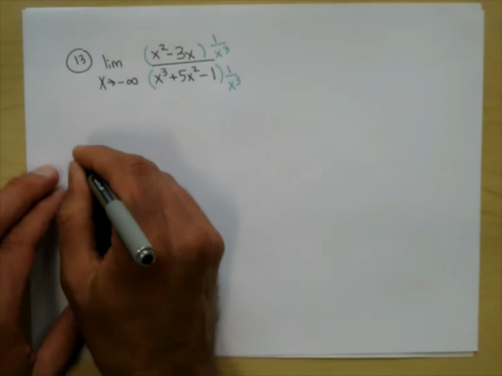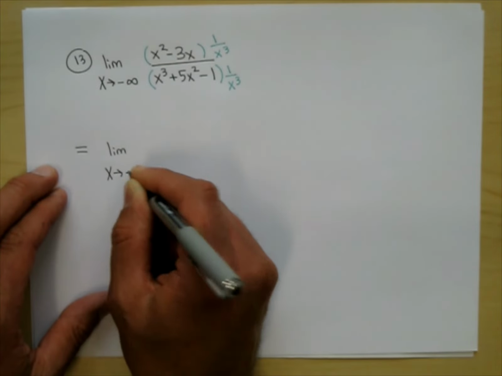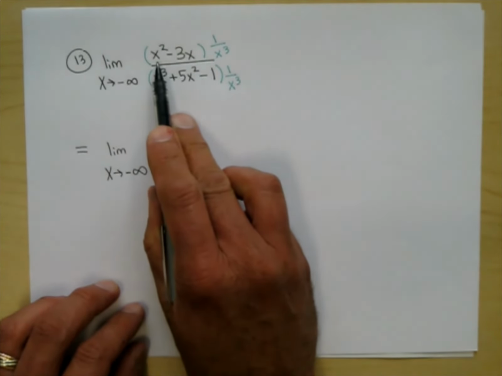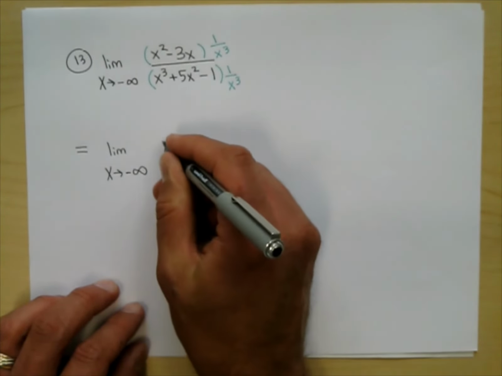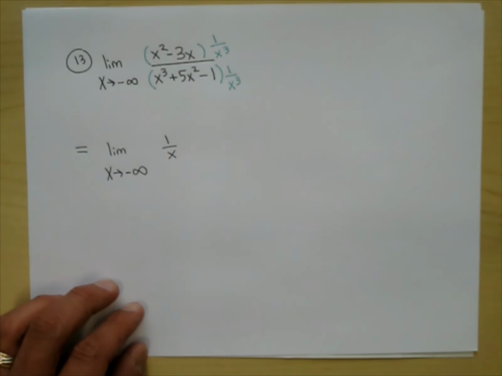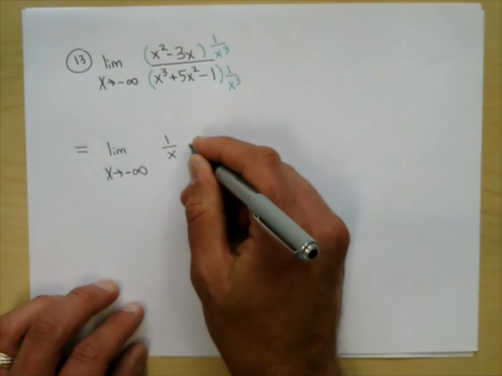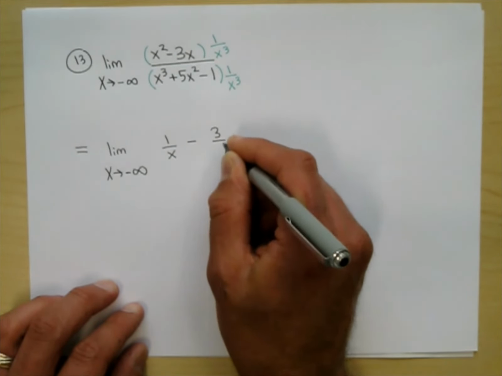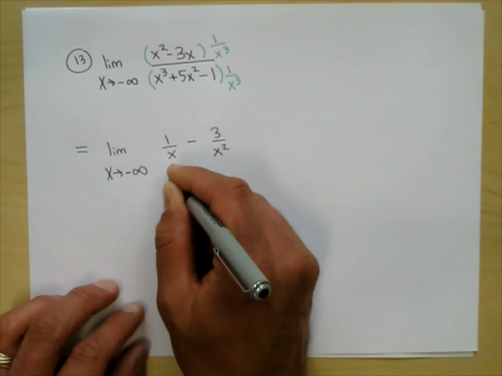So this is going to equal the limit as x approaches negative infinity. I'm going to speed up this problem a little, and I'm going to write this as x squared over x cubed, which is really 1 over x. And the next one's going to be minus 3 over x squared.